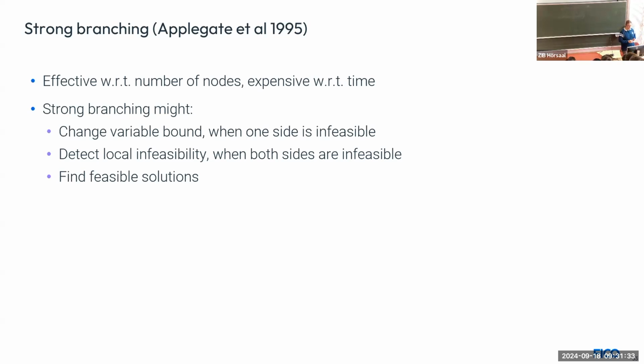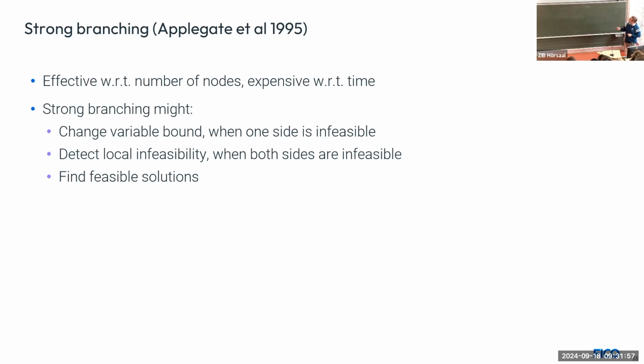That's not particularly cheap. There are some side benefits that you get when doing strong branching that I would like to point out. So if one of these sides is infeasible, you can already use this deduction. You don't need to do that branching, but you can apply the bound change at the node where you were starting from.